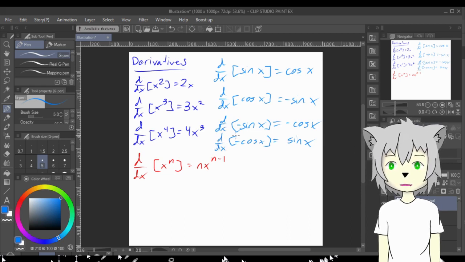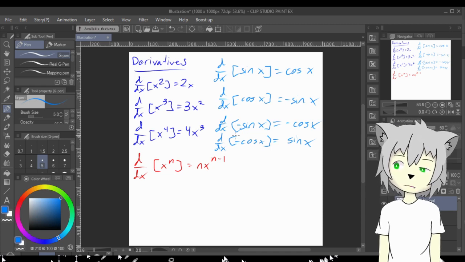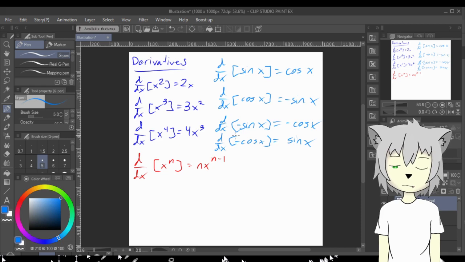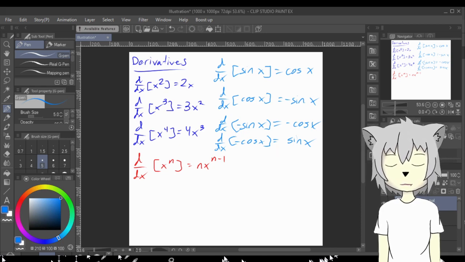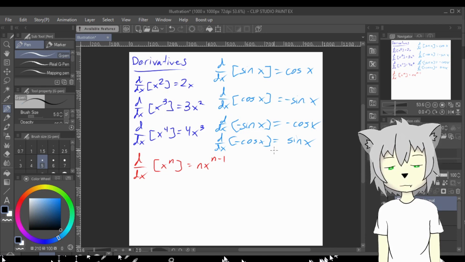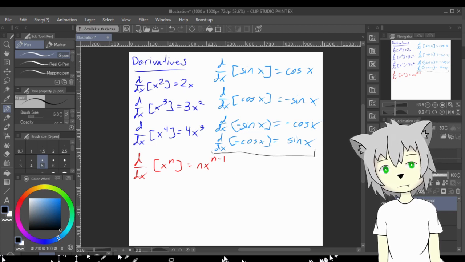You can look at the graphs of sine of x, cosine of x, negative sine of x, and negative cosine of x, and you'll notice that, well, I guess it's a bit too advanced. I think I forgot a step when I tried to introduce this, but I'll cover it real soon when I cover the rest of the derivatives.